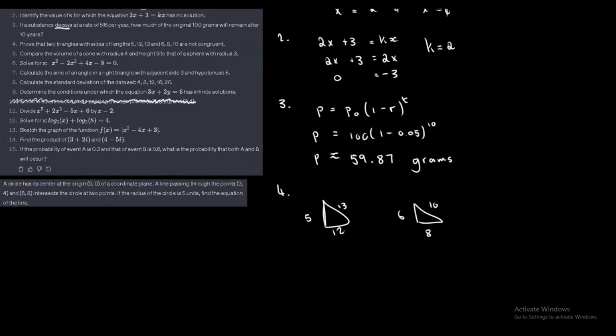So these sides are not congruent at all. We can clearly see that, since the hypotenuse squared should be equal to one another. In this case, the hypotenuse squared is 100, and in this case, it's 196, if I'm not mistaken. Let me see. 13 times 13 is 196. Oh, 169, excuse me. So, no, these triangles are not congruent.